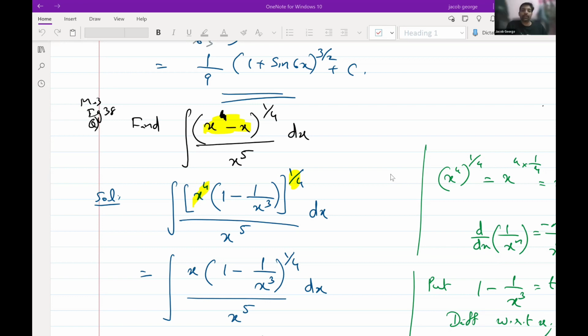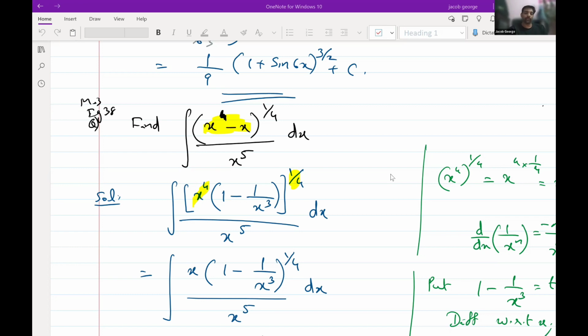From that yellow highlighted numerator part, can you see x raised to 4 minus x? We have to take x raised to 4 outside. Then divide both the terms by x raised to 4. So we get inside the bracket 1 minus x by x raised to 4, that is 1 by x cube. Clear? Yes, sir. Then whole raised to 1 by 4 by x raised to 5 dx.